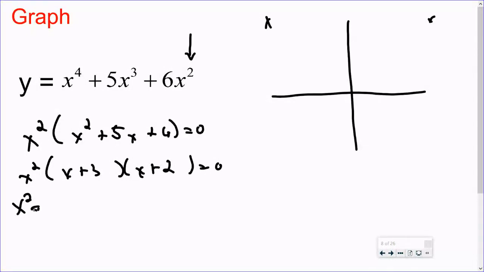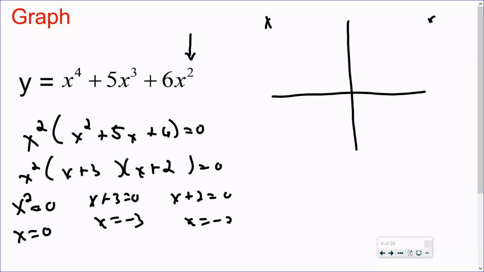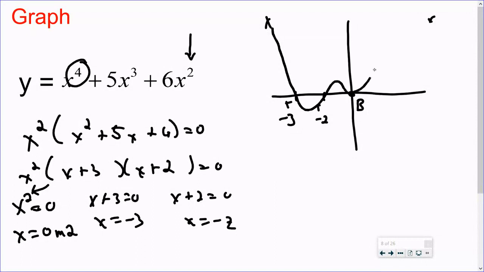Set those equal to 0. Okay, I expect 4 answers. I see 3, but this had a square, so that tells me there's 2 of them here, so multiplicity of 2. That tells me it bounces off there. So my target's -3 goes through, -2 goes through, but 0, it bounces. So start, through, bounce, and go up.